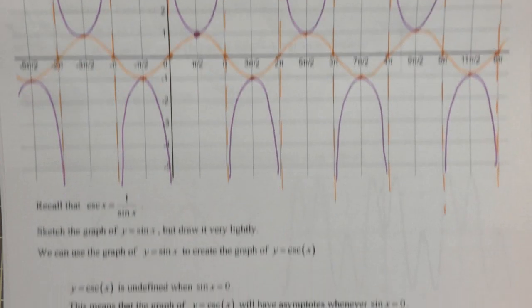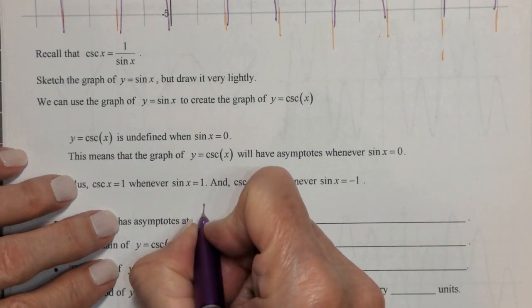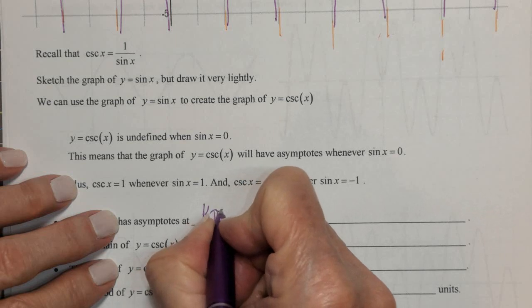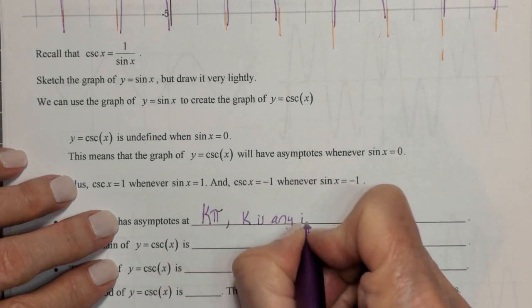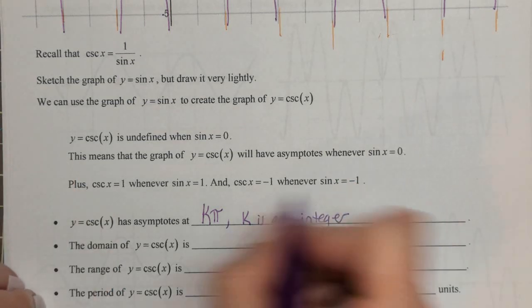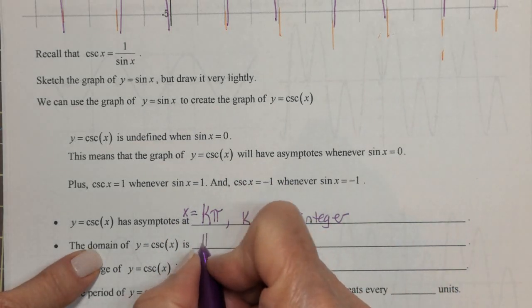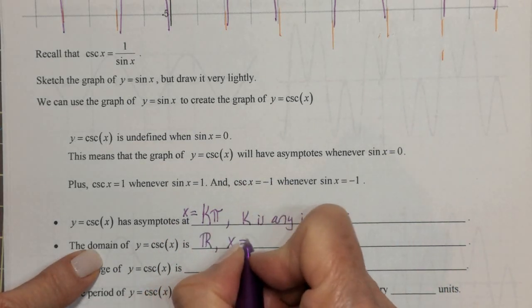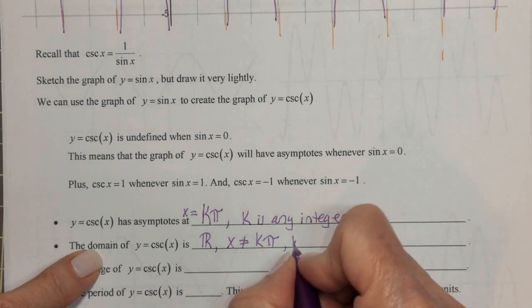Alrighty, asymptotes at all the whole pi's. I'm just going to say k pi, where k is any integer. That's x equals k pi. Domain, all real numbers except k pi, where k is any integer.